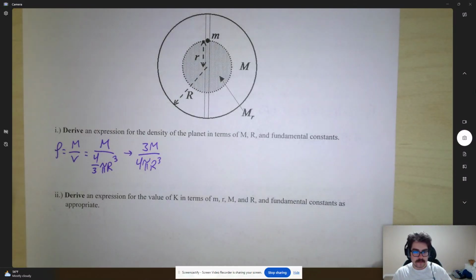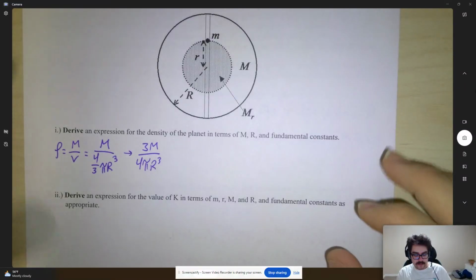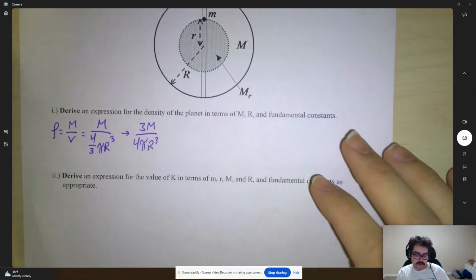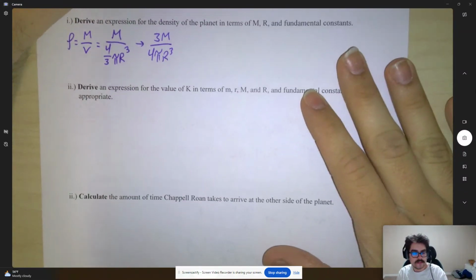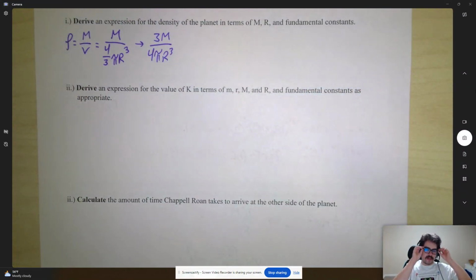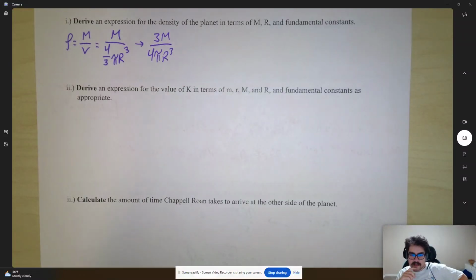The next part is a little bit tricky. It says derive an expression for the value of k in terms of m, r, capital M, capital R, and fundamental constants as appropriate.